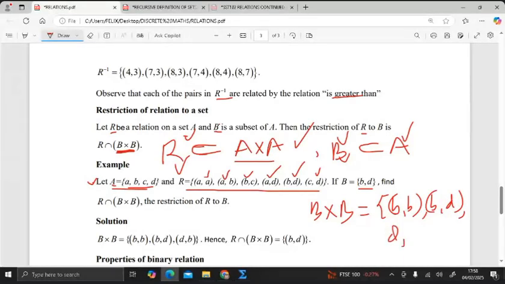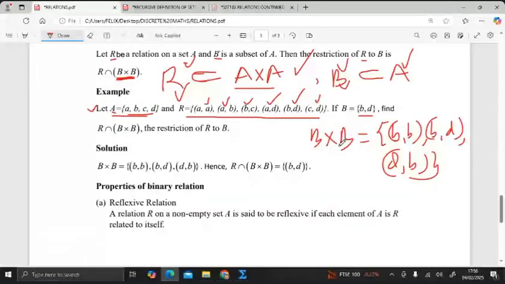And then look at this, B and D. Indeed, it is a subset of A. Every member of B is inside here. So what we do is take the Cartesian product of B and itself. That one will be BB, and then we have BD, and then, of course, the last one is DB.